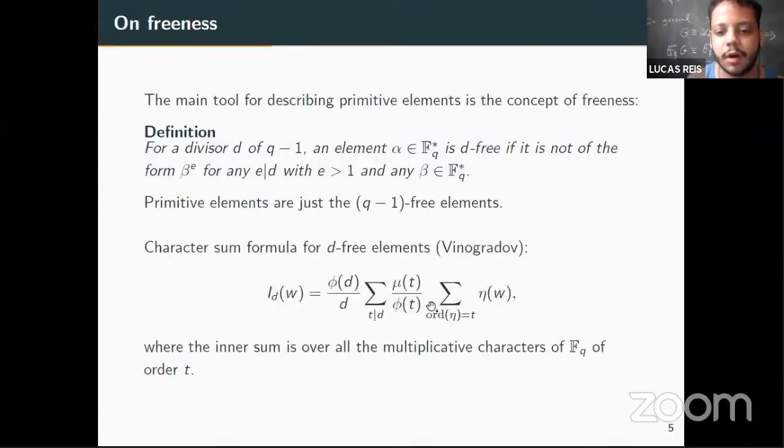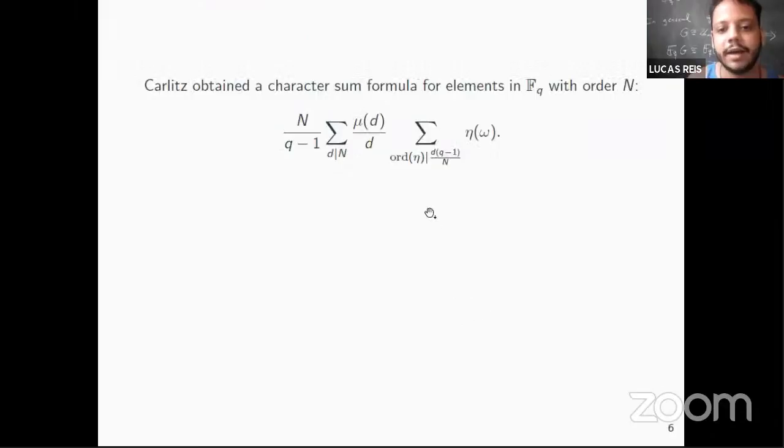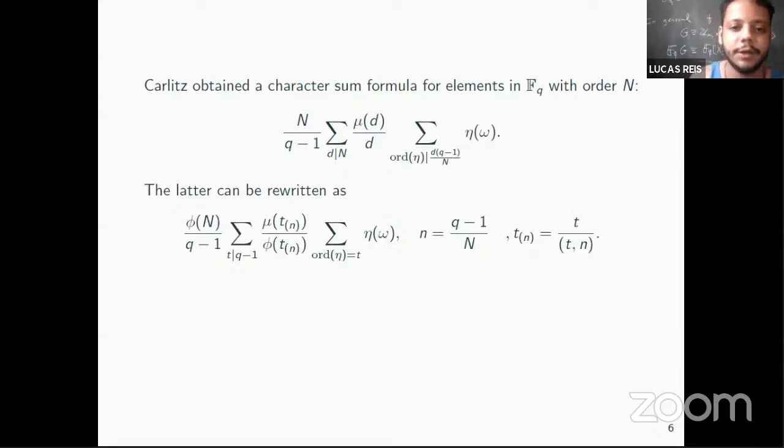Here is the sum of all the characters of prescribed order t, and here we have the characters of order dividing some number, which is a divisor of q minus 1. But basically, we can reorder the terms according to the orders, and so we can obtain this second formula from the first one. And here appears the function t_N, which is just t over the GCD of t and N.